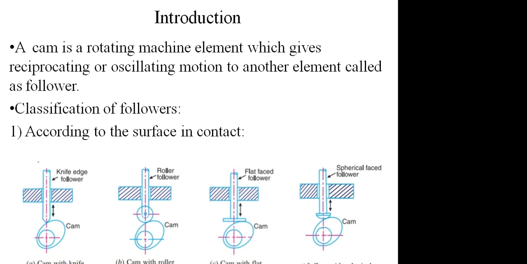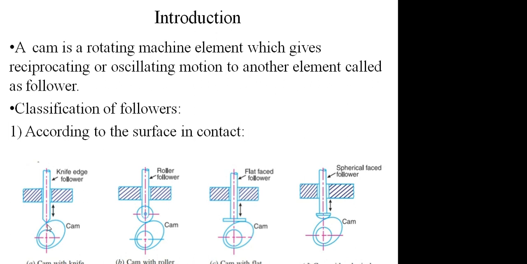Now cam and follower are classified according to different categories. Let us see the classification of follower. The first classification of follower is according to the surface in contact. If you look at figure A, a cam with a knife edge follower is the first type of follower under this category.